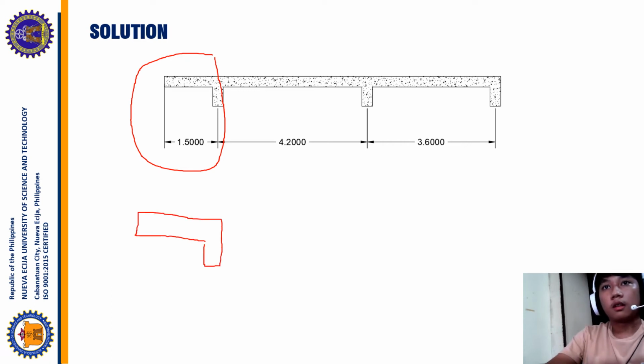We say it's a cantilever because we can see that the one end is free from any reactions or support. So there is nothing supporting the slab over here. So therefore, it is a cantilever.